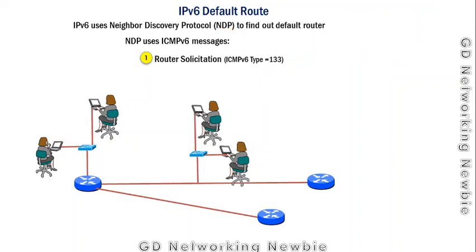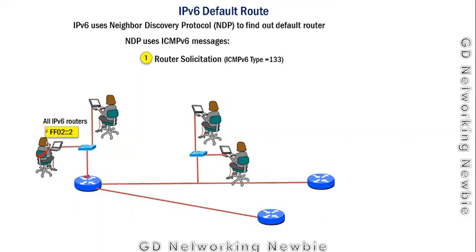Now, what happens during the first message, router solicitation? The client machine needs the information about the default gateway or default router. So it sends an ICMP router solicitation message, and this client machine will use the multicast address ff02::2.